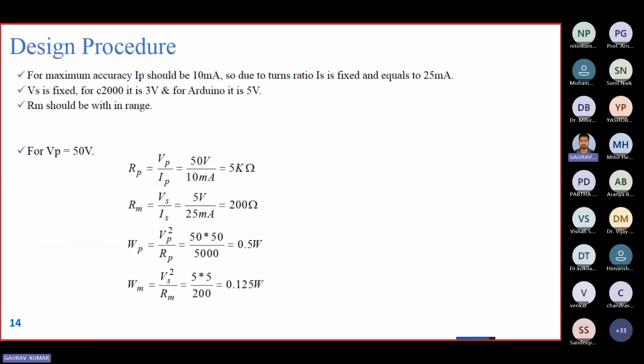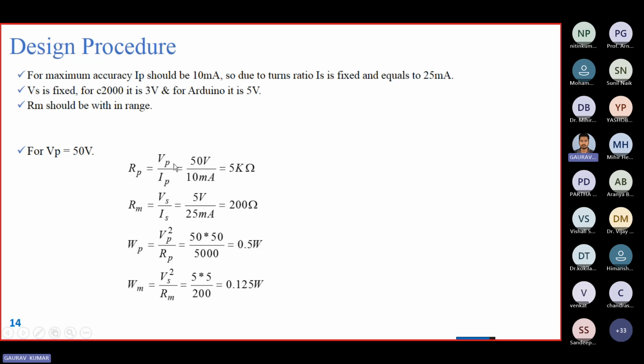So how to design Rp? Rp is Vp by Ip. We are designing right now for 50 volt, so we want to sense a 50 volt voltage. So Vp is 50 volt and Ip is 10 milliampere, because for maximum accuracy we have to fix Ip at 10 milliampere.